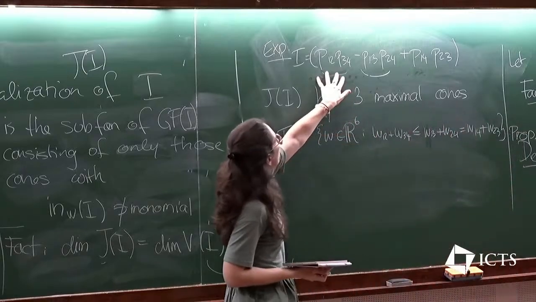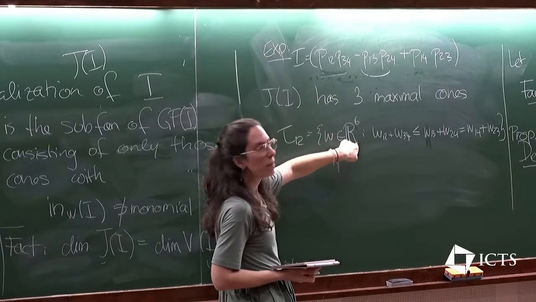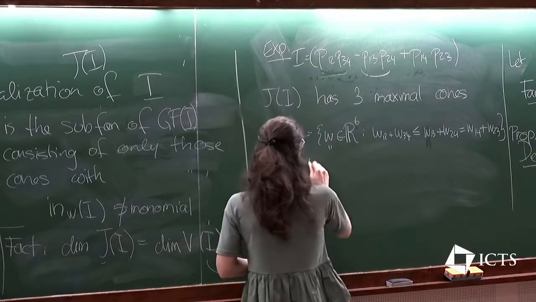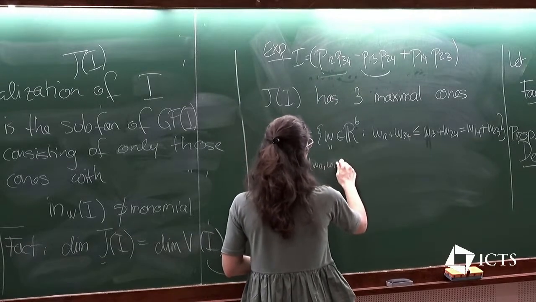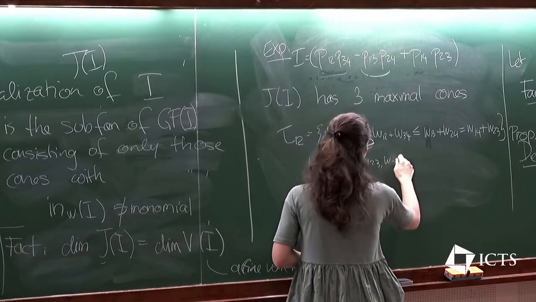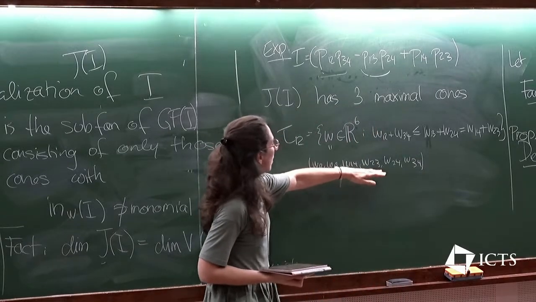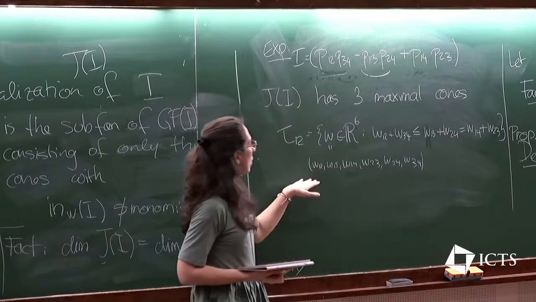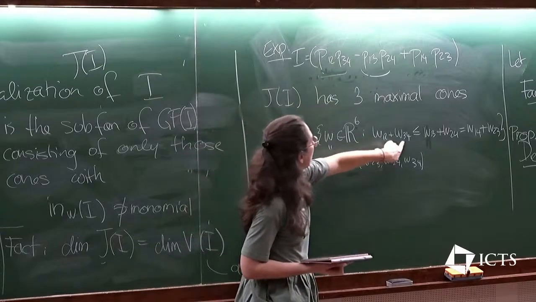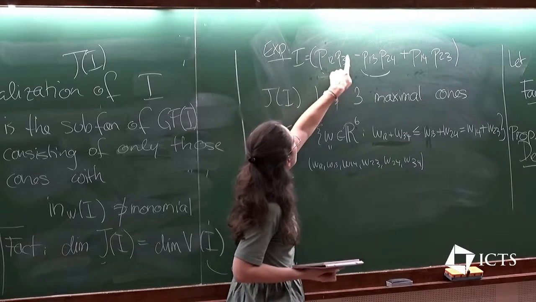Right, so if I take this monomial and my vector in R^6, I think about elements here also as being indexed by these two element subsets. So this is W12, 13, 14, 23, 24, 34. And then I take a dot product of this W with the exponent vector of my monomial. And in the first case, this is what I get. Right? P12 has exponent 1, P34 has exponent 1.